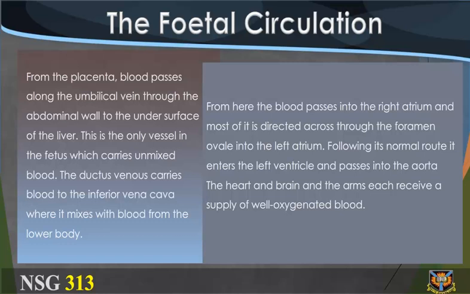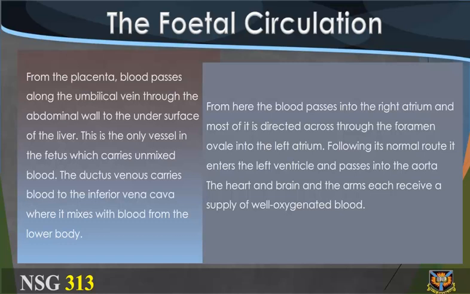From the placenta, blood passes along the umbilical vein, through the abdominal wall, on the surface of the liver. This is the only vessel in the fetus which carries unmixed blood. The ductus venosus carries blood to the inferior vena cava, where it mixes with blood from the lower body.